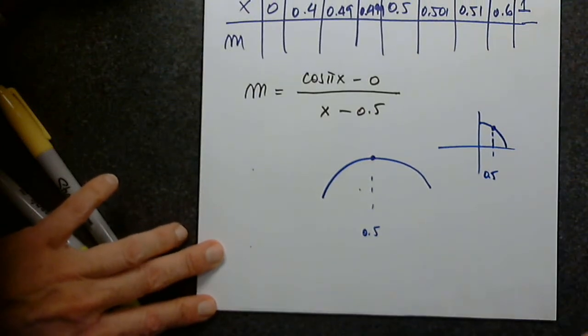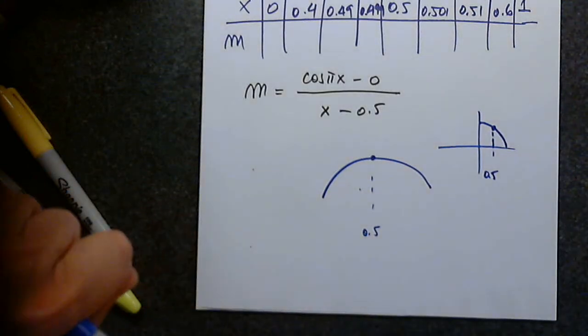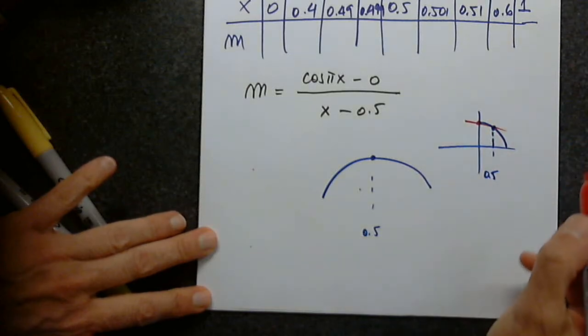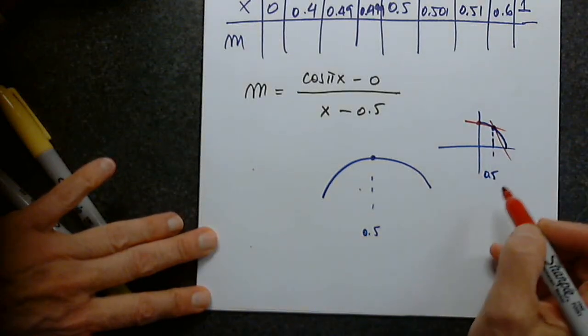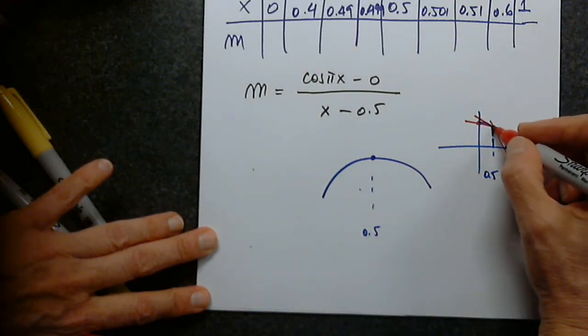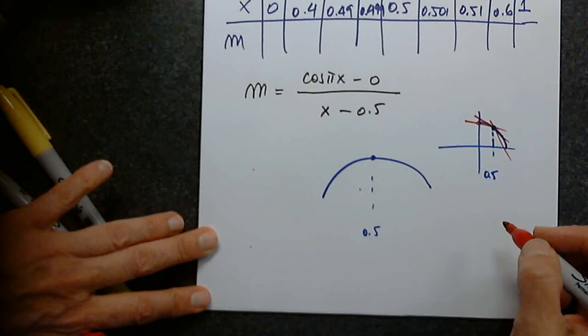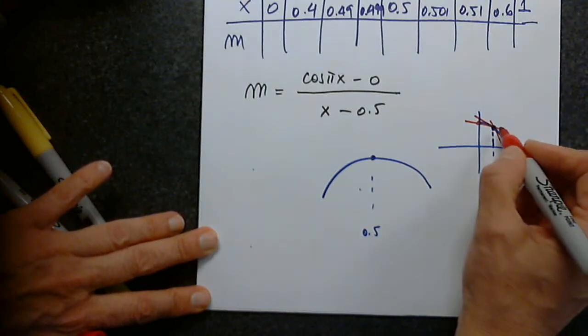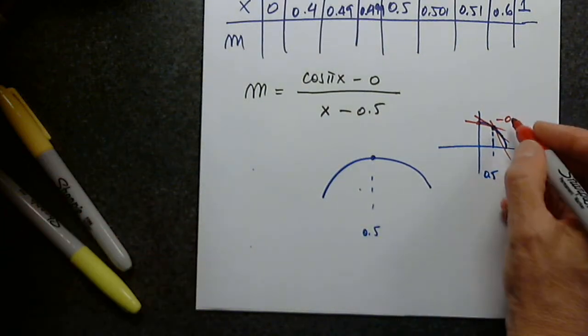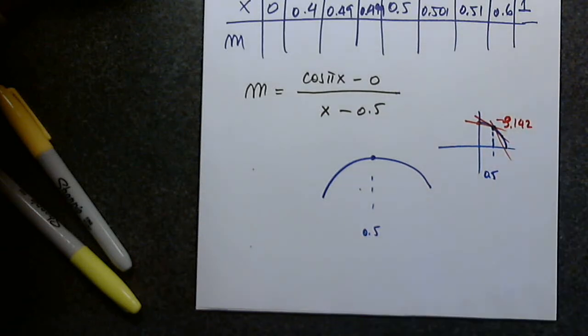Okay? So we are looking at secant lines from here till here, and then from here till here, and then closer, and then closer, from this point to this point. And they're all negative, and they're all getting closer and closer to negative 3.142 from either side. Does that make sense?